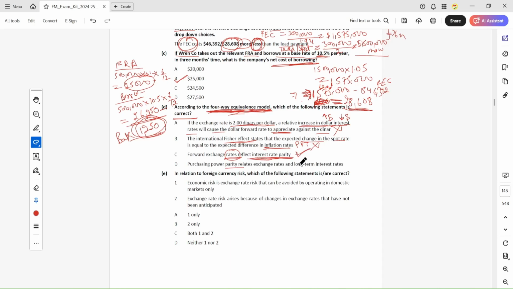Purchasing power parity relates exchange rate and long-term interest rates.